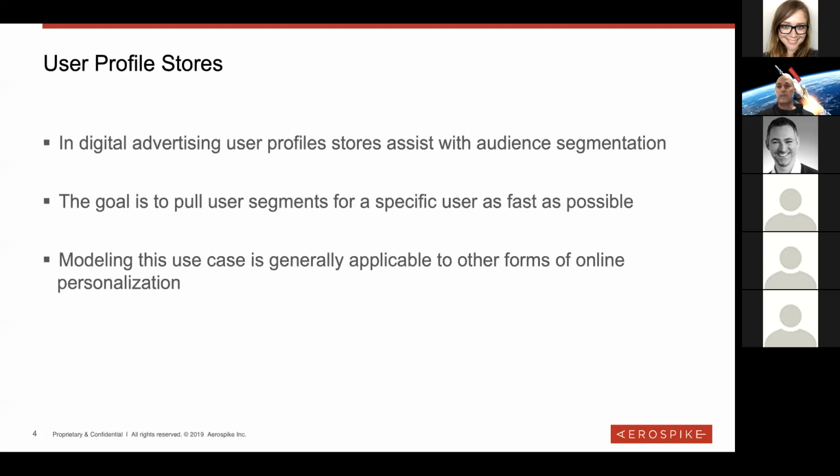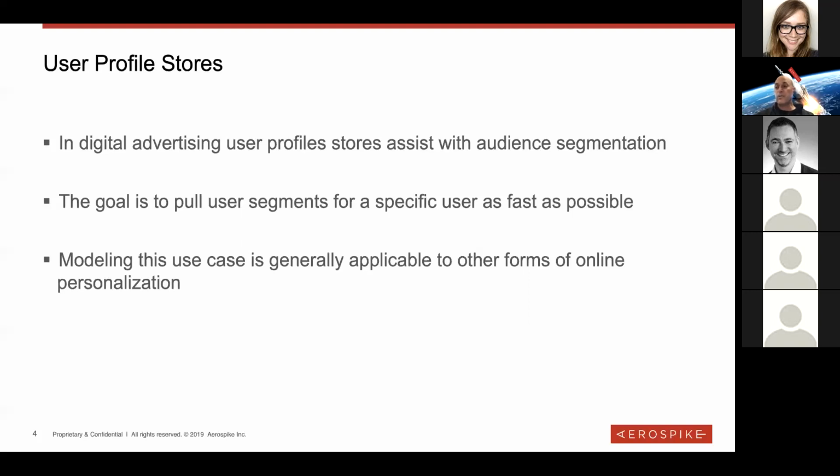The goal for ad tech is to be able to pull out information about you extremely fast, because typically in the real-time bidding world, a demand-side platform is going to get a URI of where they might be able to place an ad and a cookie saying, I see this device, or I see this cookie that represents some anonymous user.